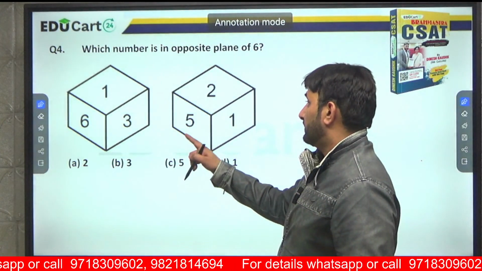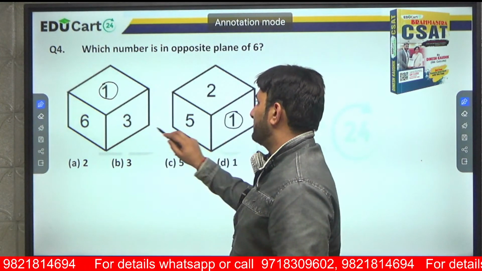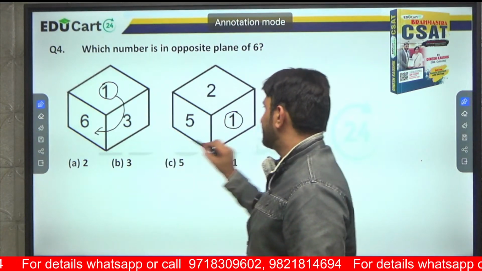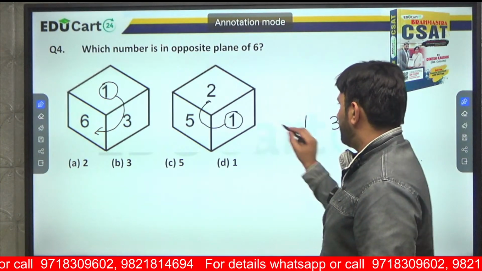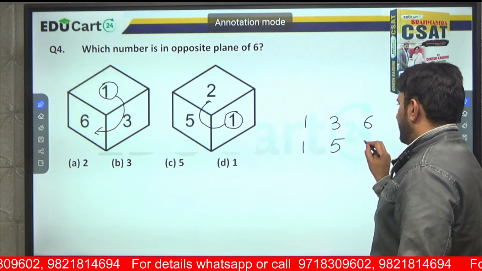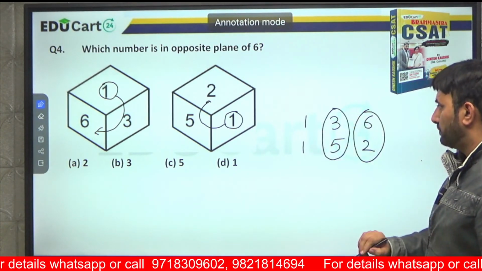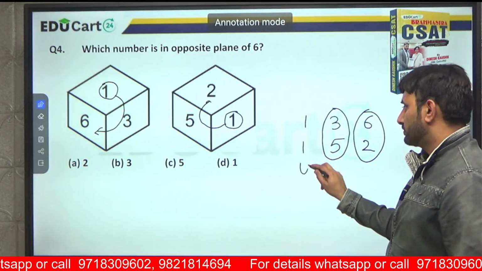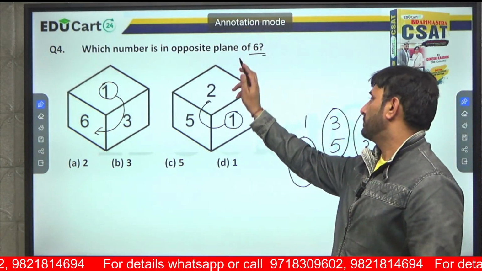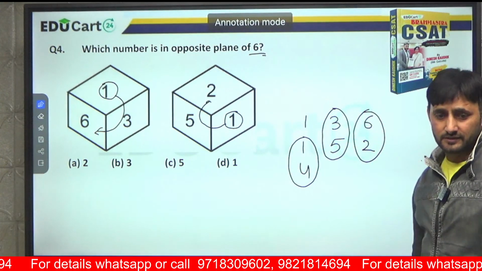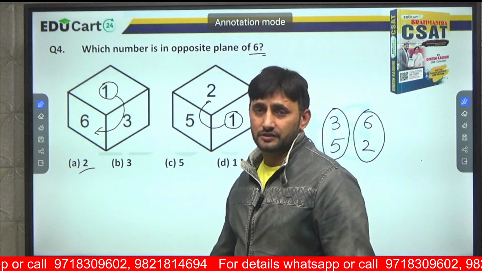In this case, 1 is the common face. So write them in the clockwise order. 1, 3, 6. And here clockwise order 1, 5 and 2. So we can say that 6 and 2 are on the opposite face, 3 and 5 on the opposite face. What is the missing number? 4. So 1 and 4 will be on the opposite faces. We have to find which number is opposite to 6. Opposite to 6 it is 2. So answer will be 2.